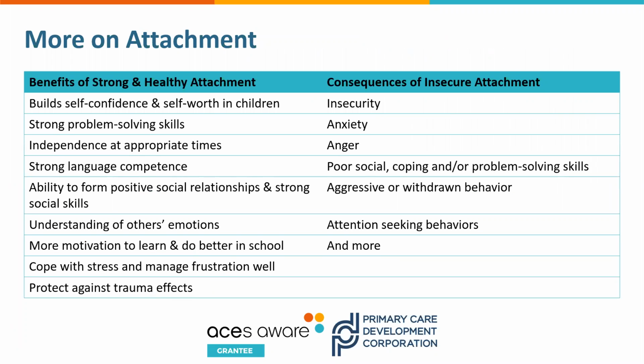And this just goes through some of the list, right? And as you can see, the benefits of strong and healthy attachment really are the foundation for the whole person. So when you have a strong and healthy attachment, it helps to build self-confidence, our own self-worth. When we have that confidence and self-worth, then we have more ability to interact with others in a positive way, right?